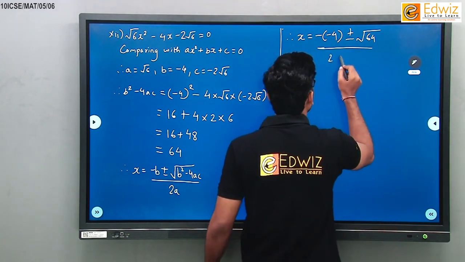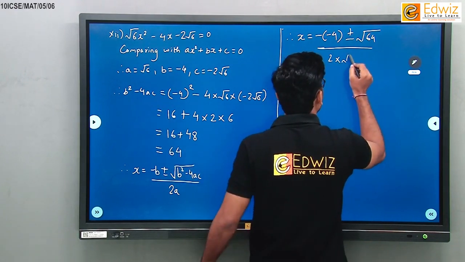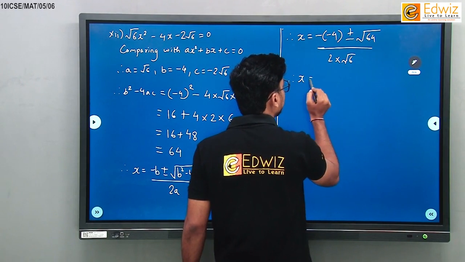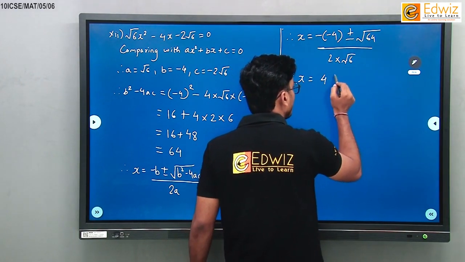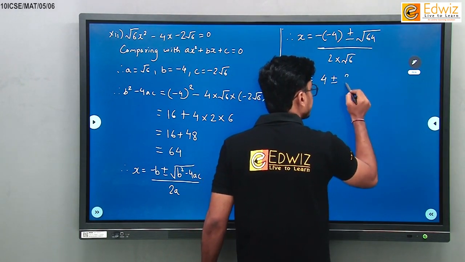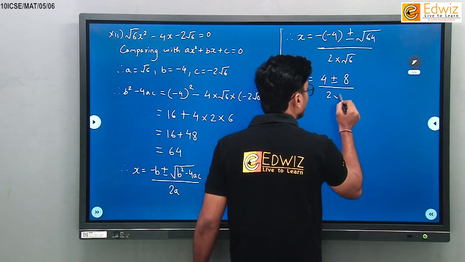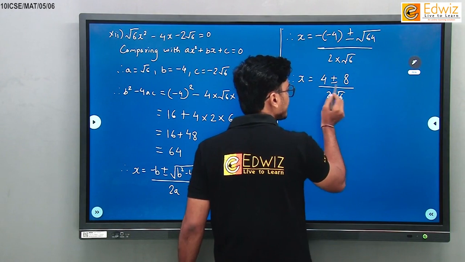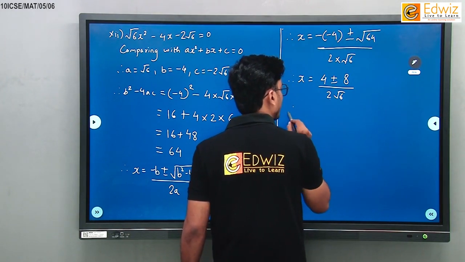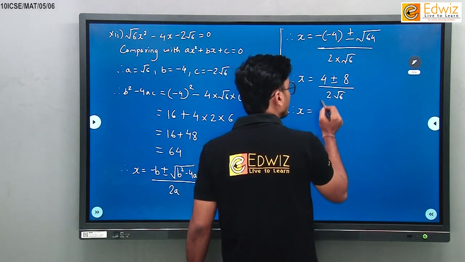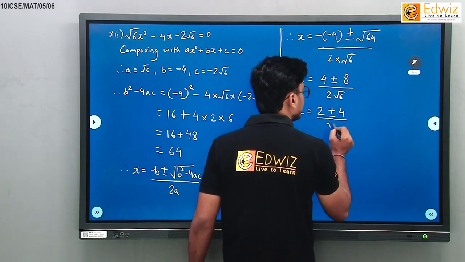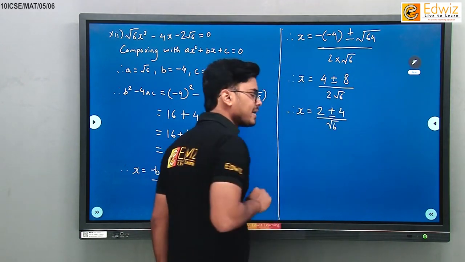So 2 into root 6. This is what we get. So x is equal to positive 4 plus or minus root 64 is 8 divided by 2 root 6. Both the terms are divisible by 2. So let us cancel the 2 at least first. So x is equal to 2 2s are 4 plus or minus 2 4s are 8 divided by just root 6 is left now. 2 got cancelled.